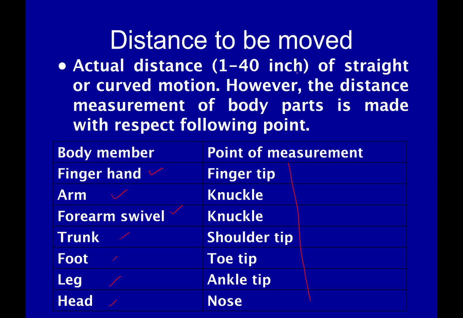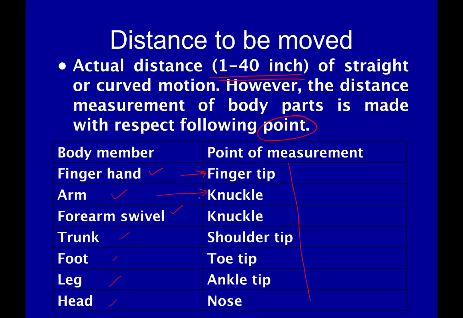The actual distance traveled while performing a job is checked, say 1 to 40 inches, and the distance measurement of the body part is made with respect to certain points. So if the fingers or the hand are moving, the fingertip is the point of measurement.